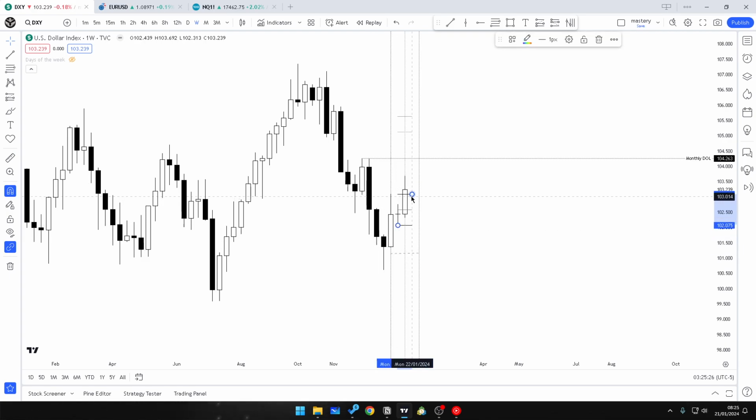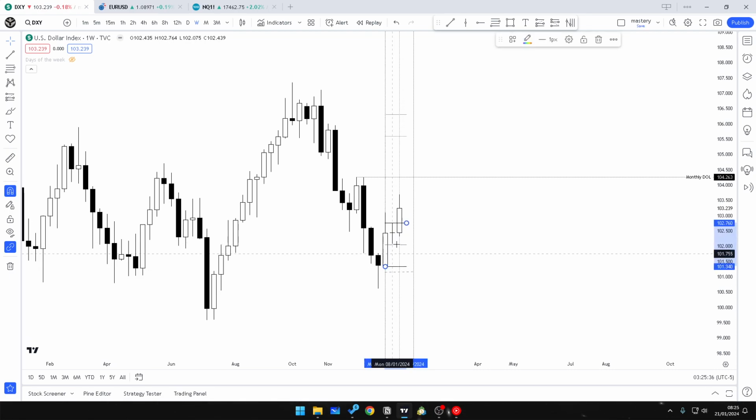On week 3, I can see that we had traded to a discount of the week 2 and then we expanded on the upside. So notice how even using the dealing ranges, the standard deviations, everything indicates to us that prices are likely to be traded to.